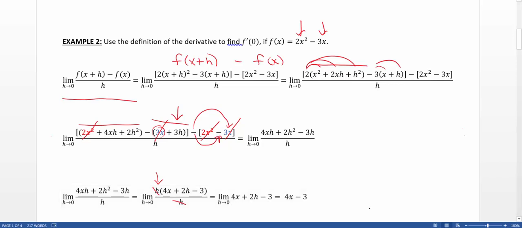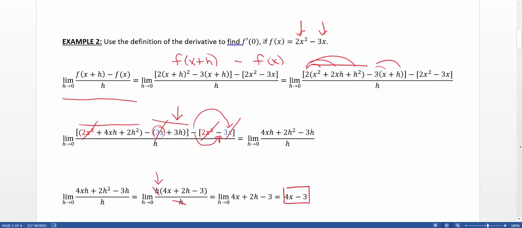So now I have the limit as h goes to 0 of 4x plus 2h minus 3. So again, 2h is a polynomial term. And now that my h is no longer in the denominator, I can let h go to 0 because polynomials are continuous. And so after all my algebraic work is done, I have 4x minus 3.